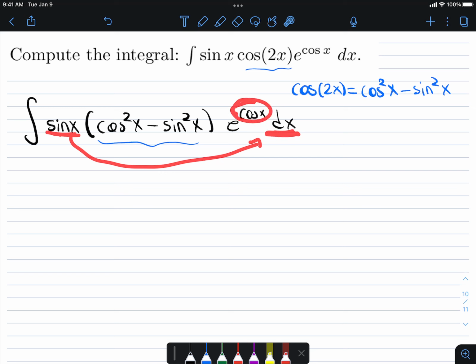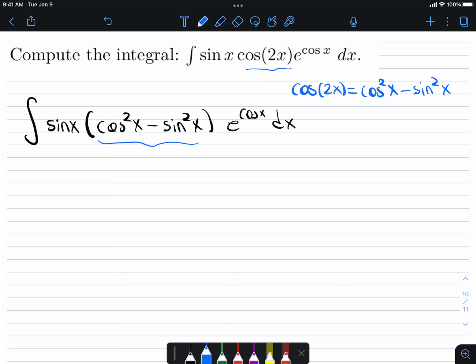So if I could change this cosine into a u using a u substitution, I could make du depend on sine x dx. So that would be my du on the outside. As long as I can change this expression into things that only depend on cosine, which is my u, I'm golden. So that's what I'll try to do.